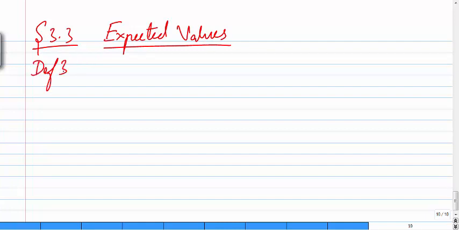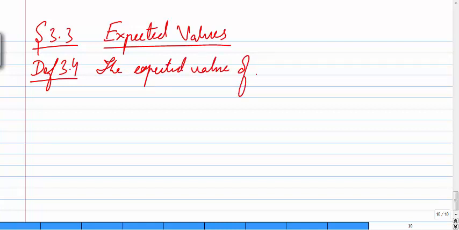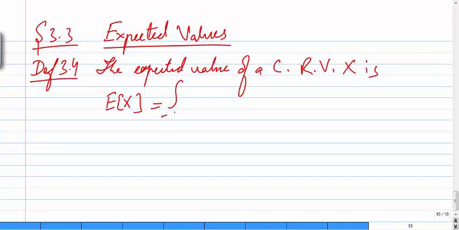We have definition 3.4, and it says that the expected value of a continuous random variable X is given as E[X], and due to continuous, you have to integrate it. If you have a discrete one, then you sum it. So you do the same thing, but here instead of PMF you use PDF and do the integration. So this will give you the expected value.